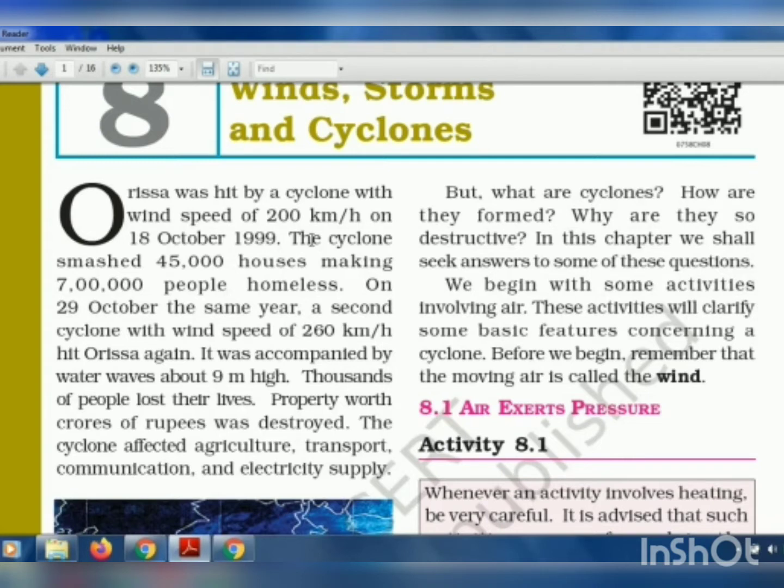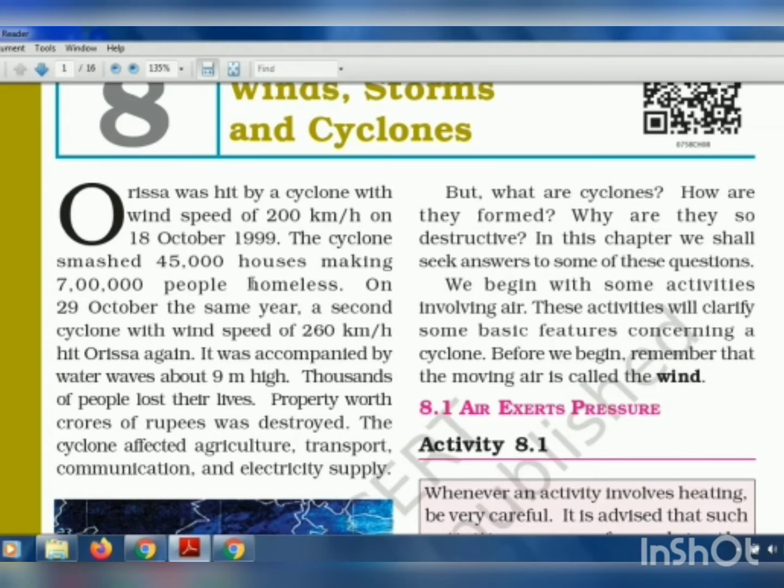Because of this cyclone, 45,000 houses were destroyed, and 7 lakh people became homeless.